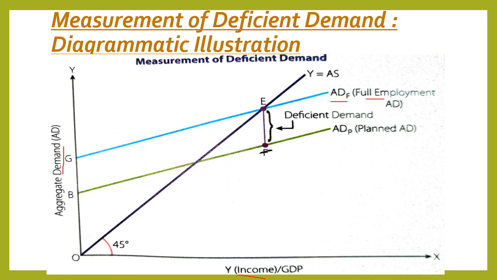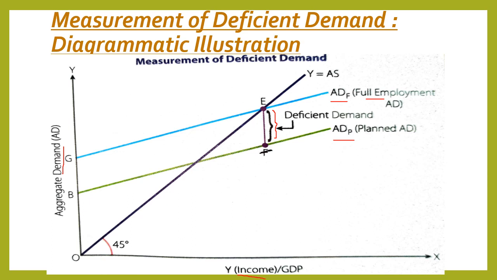This AD curve shows full employment AD, and ADP shows AD corresponding to underemployment in the economy. And this EF is the vertical difference between ADF and ADP. It measures the extent to which there is deficient demand.